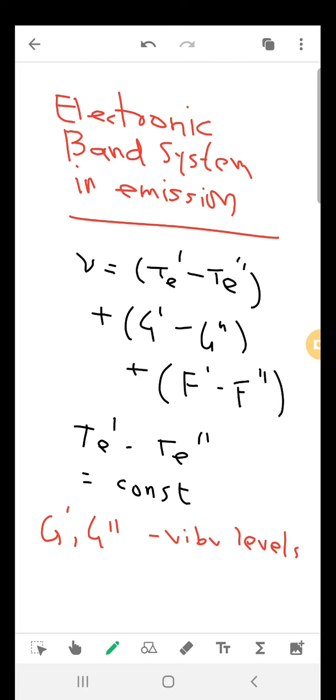And so we have different ωe, different vibrational constant and anharmonicity constant for G' and G''. These two are different from each other.